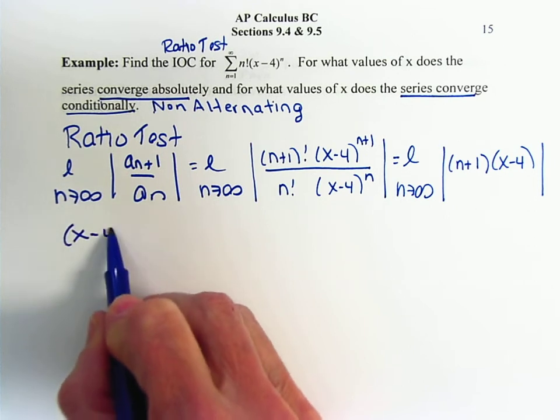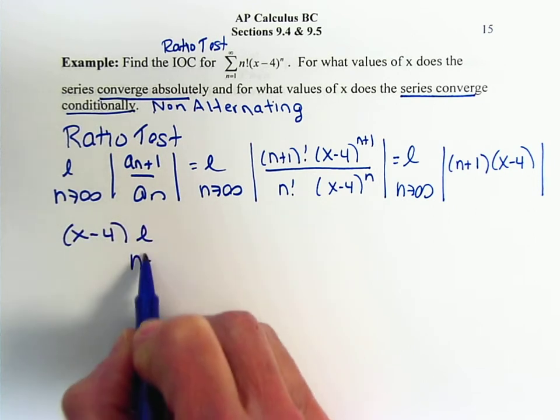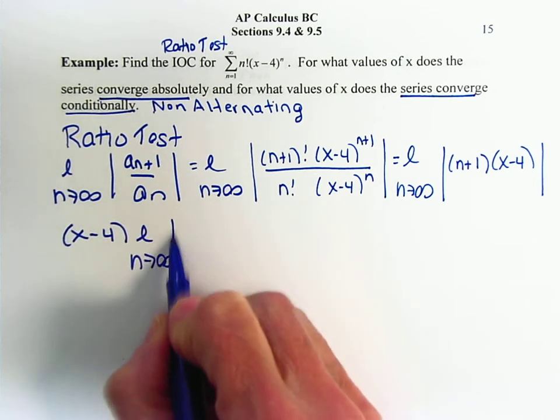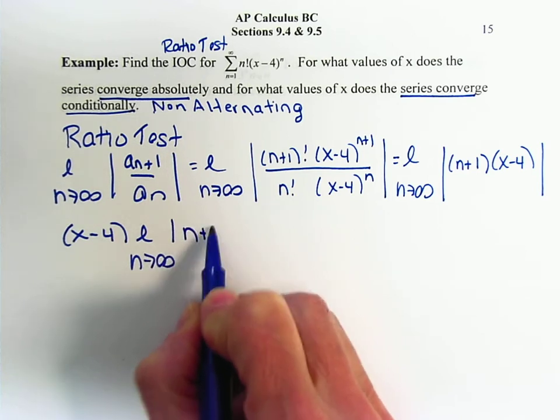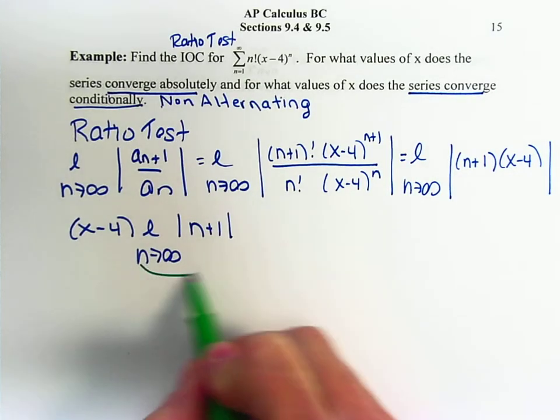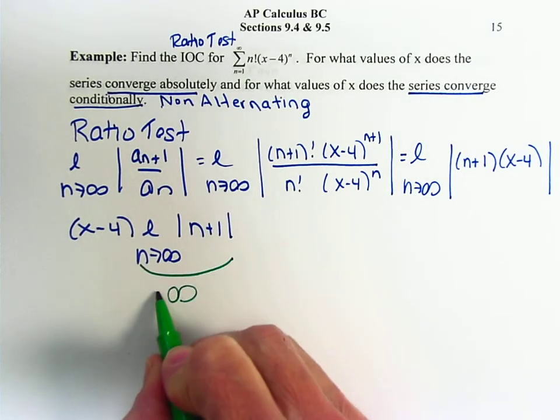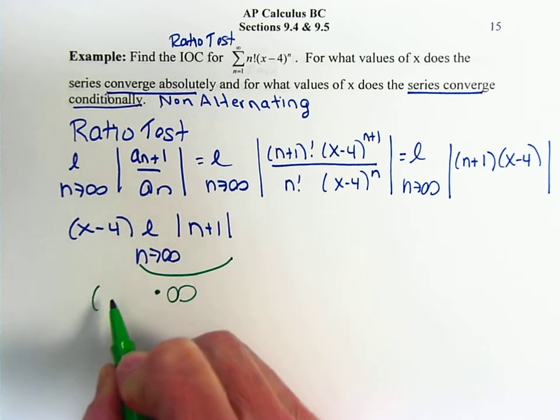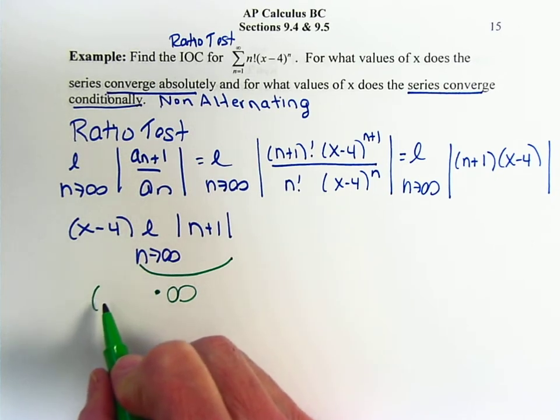So I have x minus 4 times the limit as n goes to infinity of the absolute value of n plus 1. If we take this limit, we see that this limit is going to go to infinity, but we're multiplying it also by x minus 4.